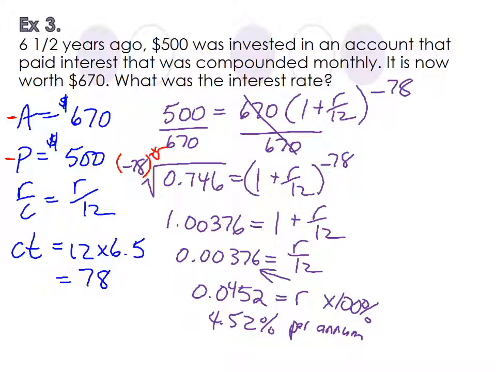And if you wanted to use the formula from yesterday, all that would happen is that this 500 here would switch spots with the 670, and then you obviously wouldn't have a negative exponent here. And if you did it that way, you would get the exact same answer.